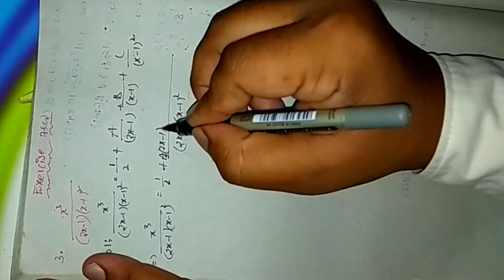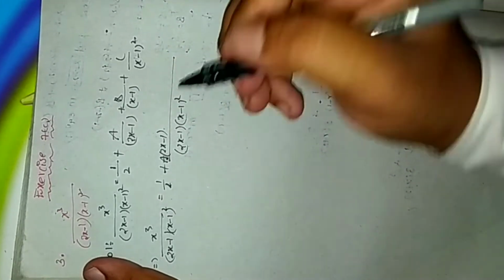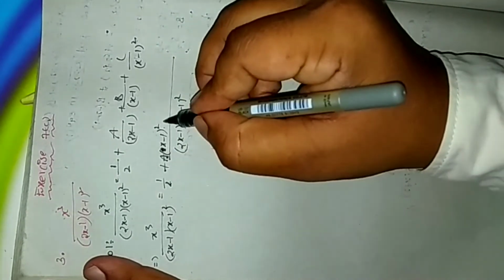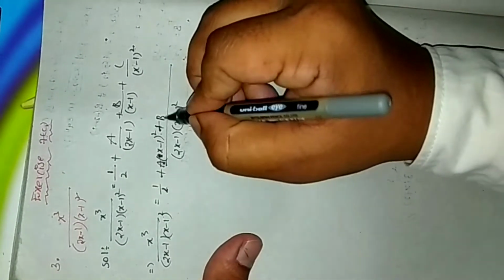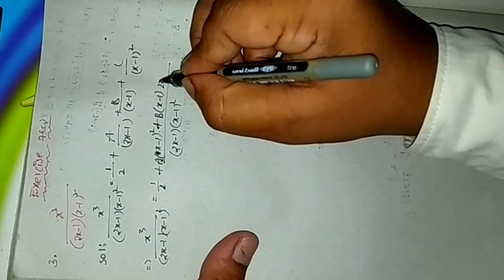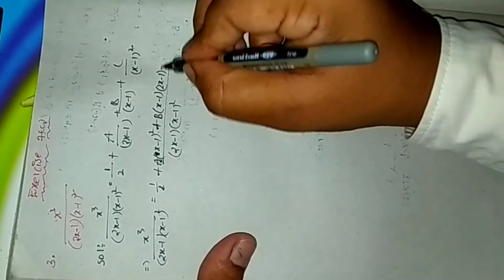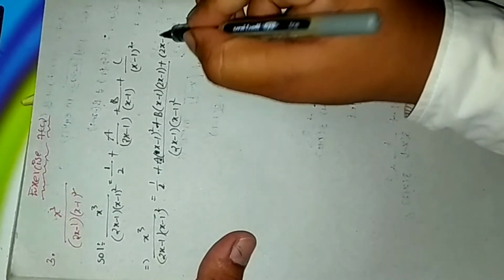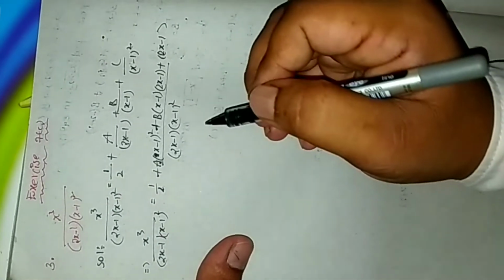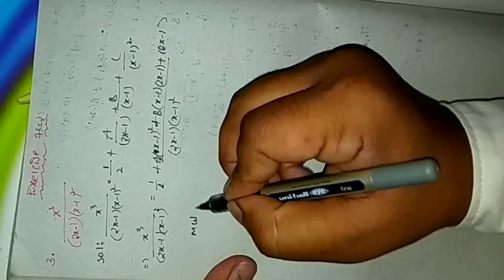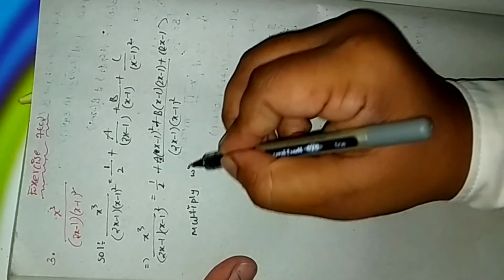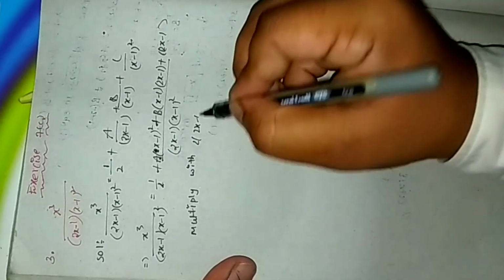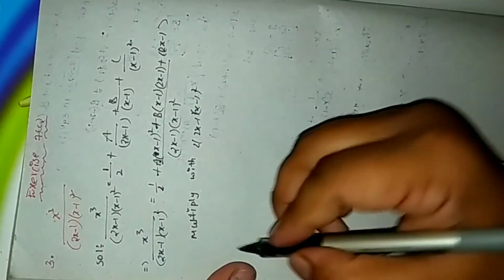Here a of (2x minus 1), (x minus 1) whole square, plus b of (x minus 1) into (2x minus 1), plus c of (2x minus 1), all over (2x minus 1) into (x minus 1) whole square.